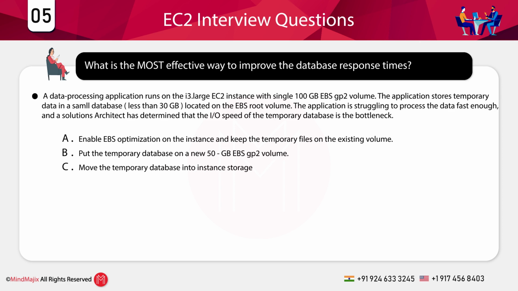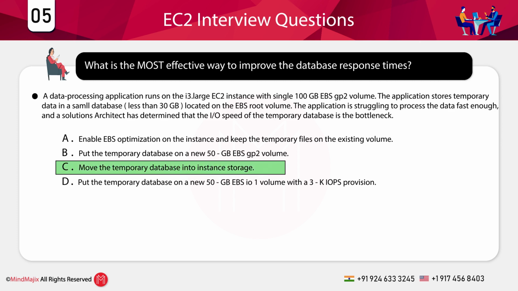That makes more sense because instance storage will be cheaper, and even though it's a temporary database, it's ephemeral storage. We have already discussed it in the EC2 section. Put the temporary database on a new 50 GB EBS IO1 volume with 3K IOPS provisioned. Not making any sense. Here the answer is C.